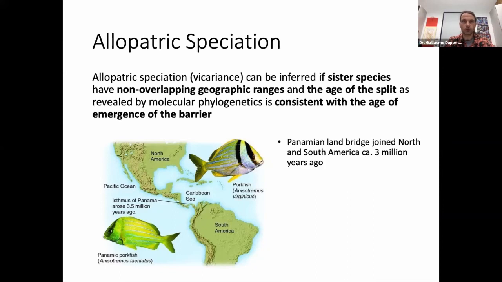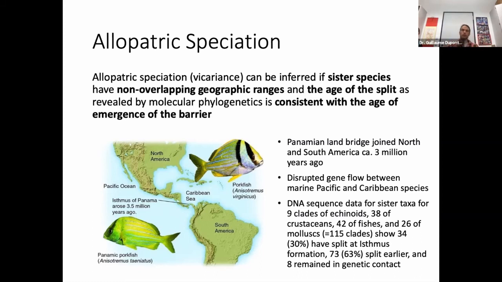Let me give you here an example for this case with the Isthmus of Panama. There's a debate about when that happened, but people said it happened 3 million years ago, that the land bridge formed. That disrupted gene flow between the marine Pacific and Caribbean species.